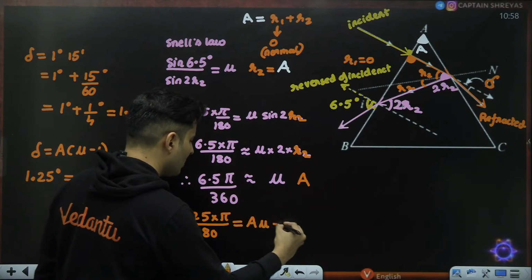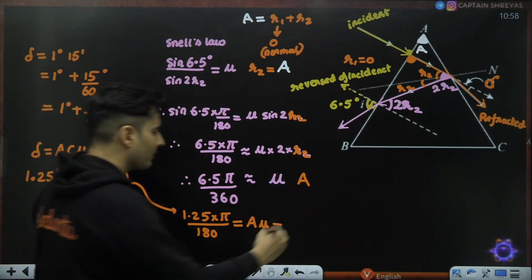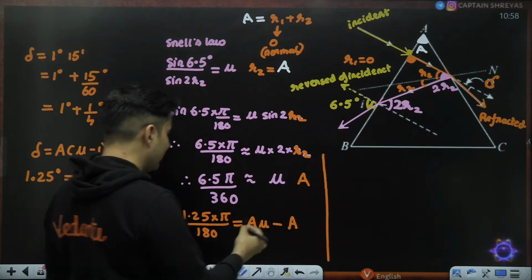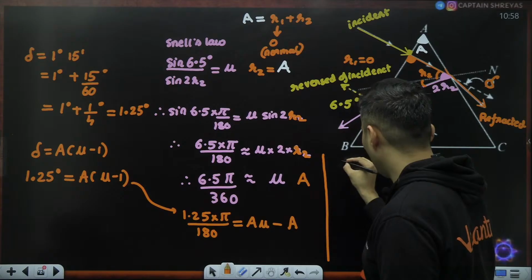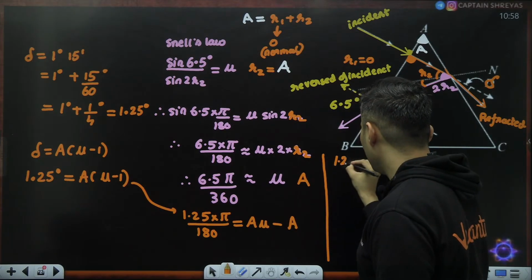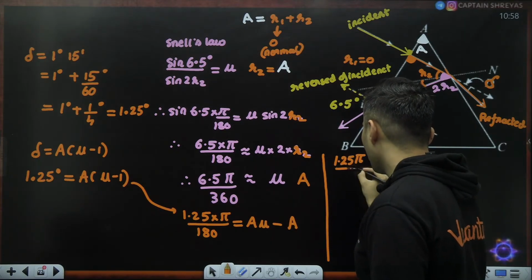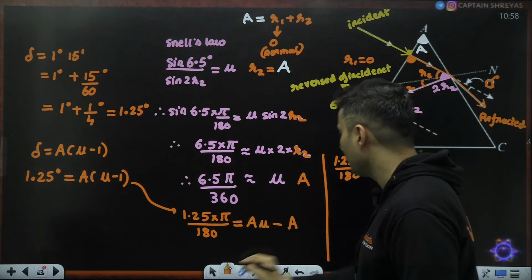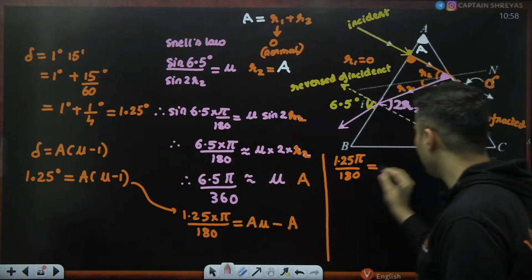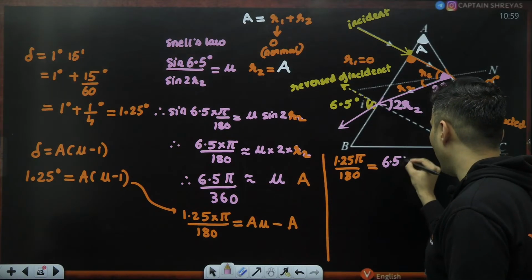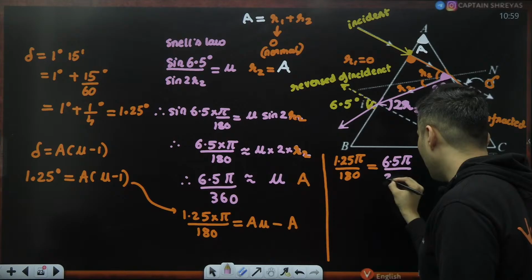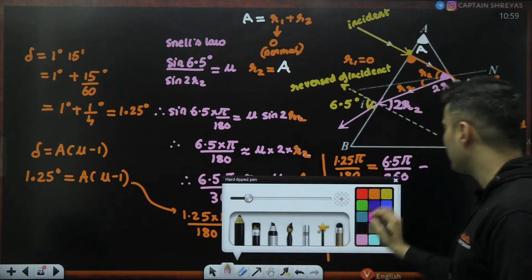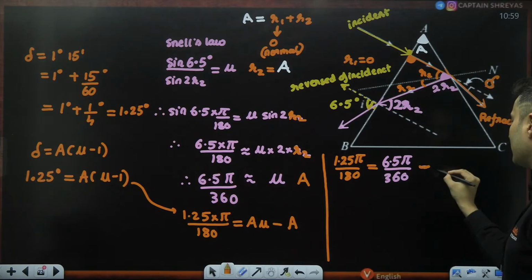A mu minus A. Oh, we know what to do next. Therefore, 1.25 pi divided by 180 is equal to A mu, which is nothing but this number right over here, 6.5 pi divided by 360, minus this number A.